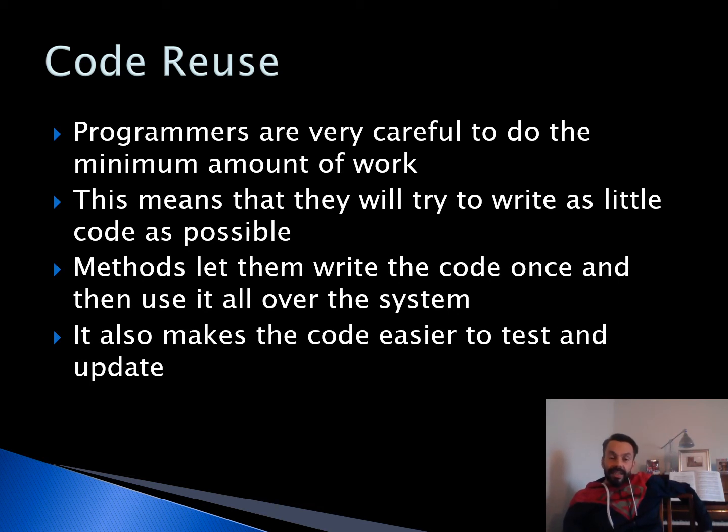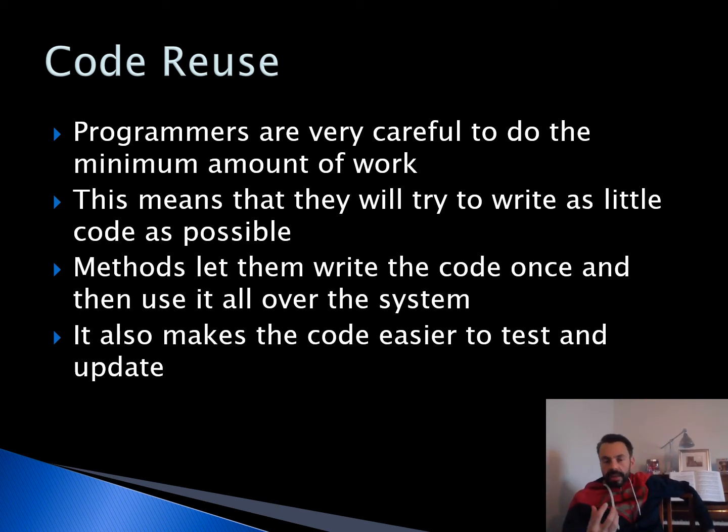This means that they try to write as little code as possible. And if I know computer games development students, we're talking about that in every aspect of life, whether it's a dissertation or a program specification, they're trying to write as little as possible. And that's the same with code. Methods let them write code once and then use it all over the system.